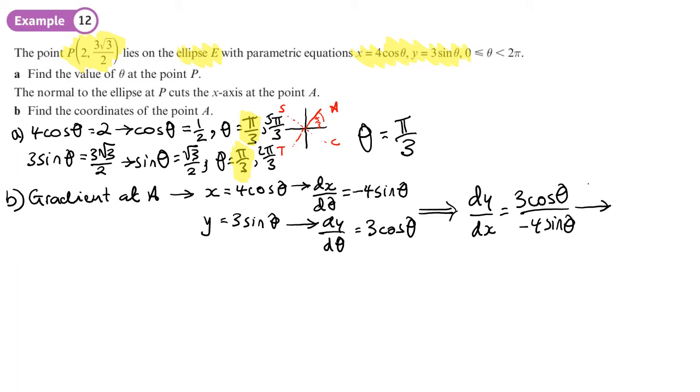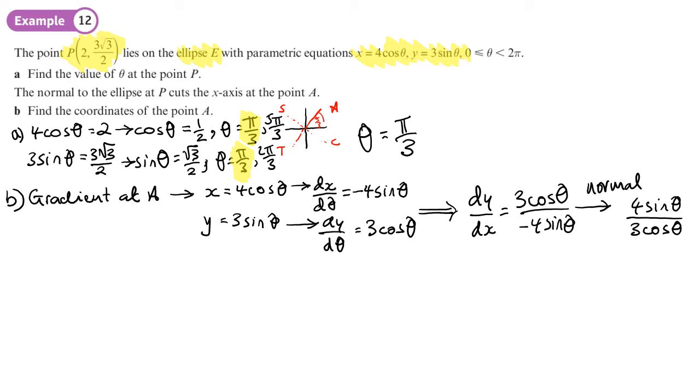Because we want the gradient of the normal, we want the negative reciprocal of that. So then we will have 4 sine theta over 3 cos theta. So this will be the gradient of the normal.